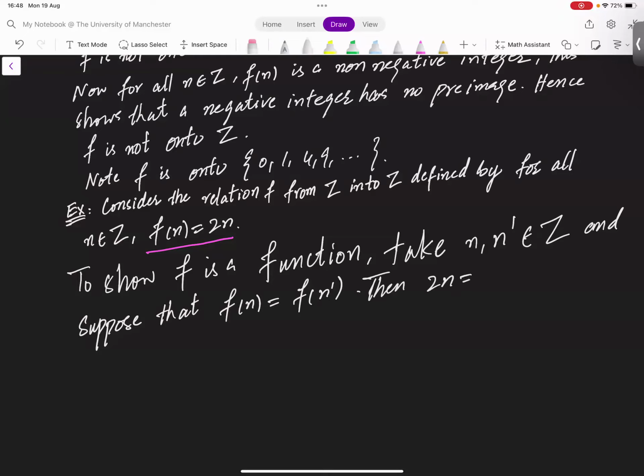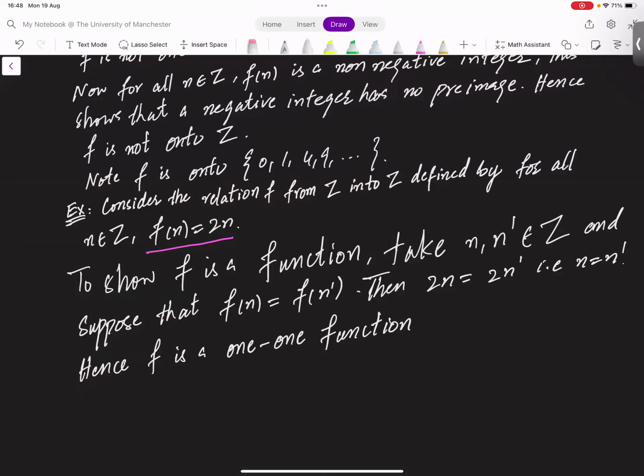Then 2n is 2n prime, i.e. n is n prime. Hence, f is a one-to-one function, because two different elements of Z do not have the same image. And if they have the same image, then the elements are equal.